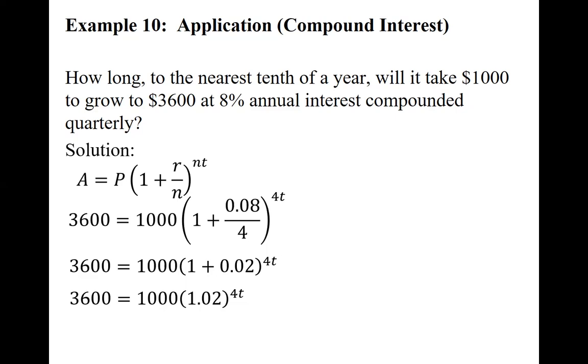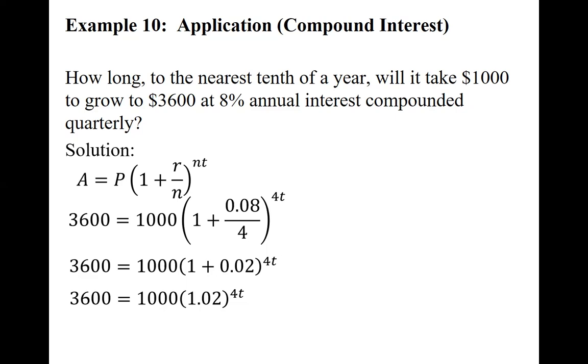There is a lock on 1.02, a lock called 4t. To get that t by itself, we need to get that 4t by itself, and not just by itself, but out of the exponent. And to do that, we have to get the 1.02 to the 4t by itself.